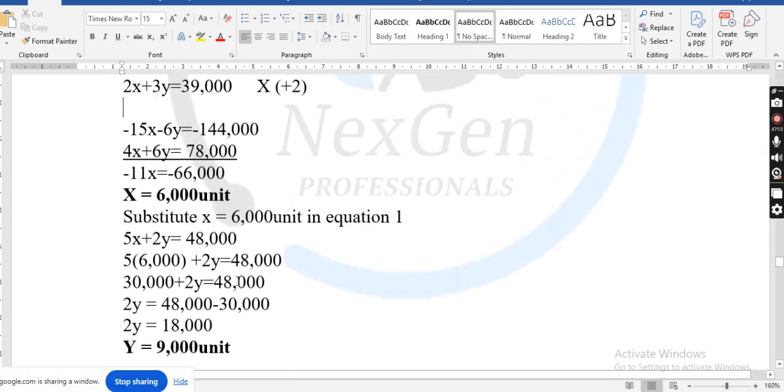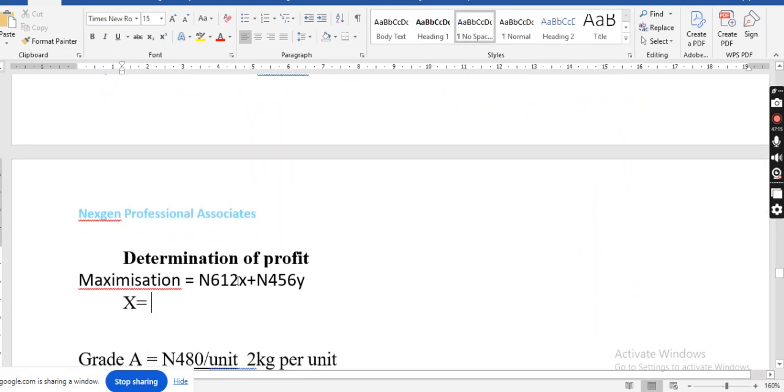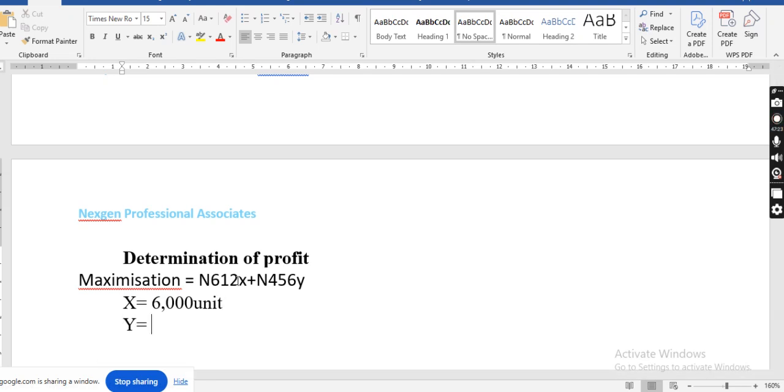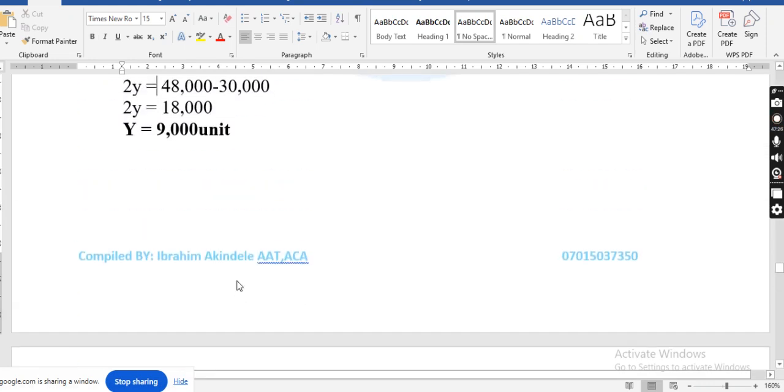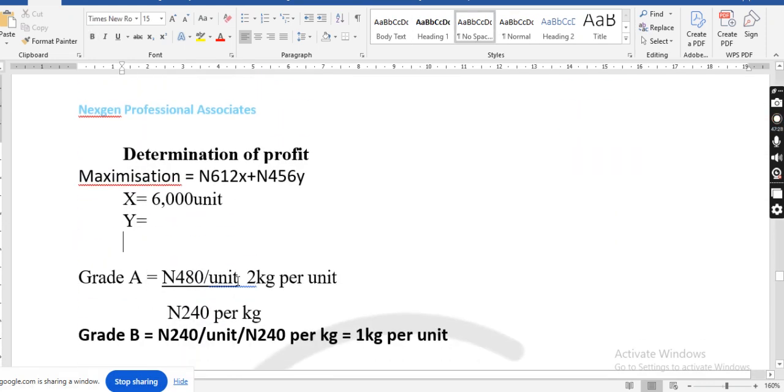Now, our X here is 6,000 units. Y is equals to, what is Y itself? 9,000 units.